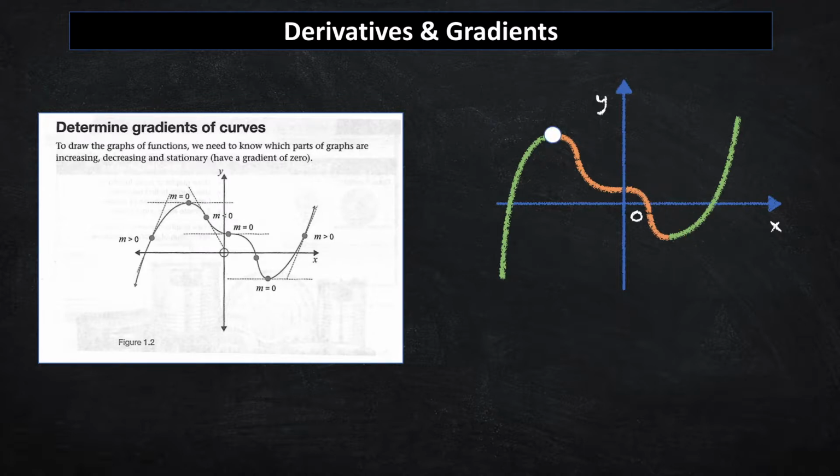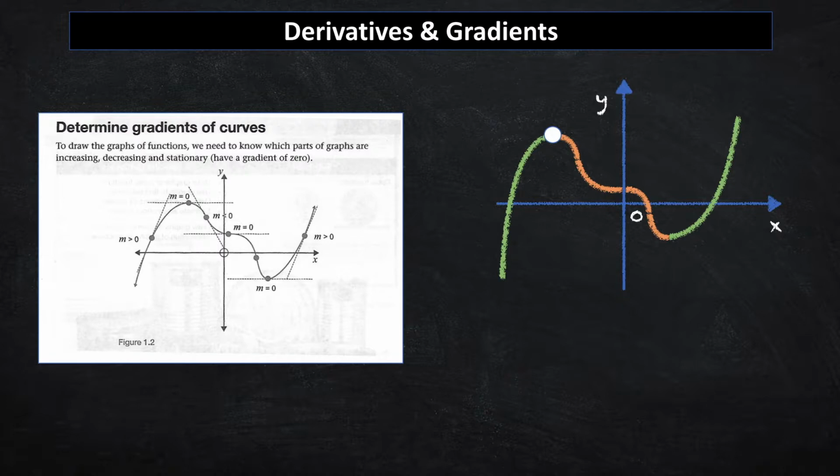Now let's consider a point that is located exactly where the curve changes from being increasing to being decreasing. The tangent to the curve in this point is a horizontal line and the gradient is m equals 0. This is true for all the points where the curve changes from being decreasing to being increasing. For example, this point.